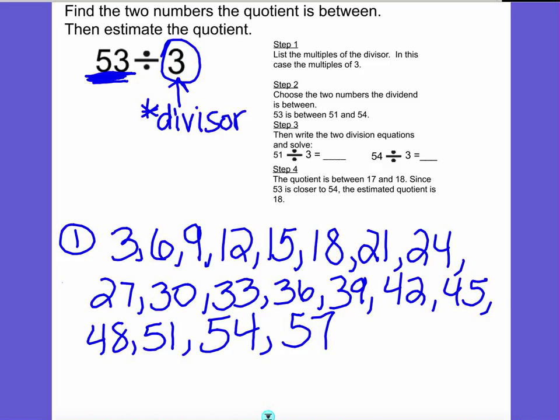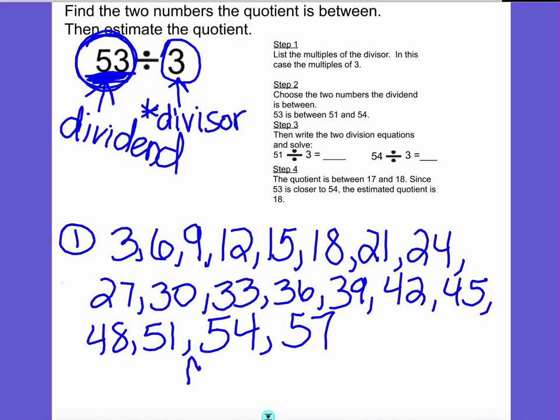And I realize now I have to go to step 2. After I list the multiples, I have to choose the two numbers the dividend is between. So this is the dividend. Now I need to find in my list of multiples where I would find 53. I'm looking through my list of multiples, and I know that 53 would be in here somewhere. So 53 is in between 51 and 54.